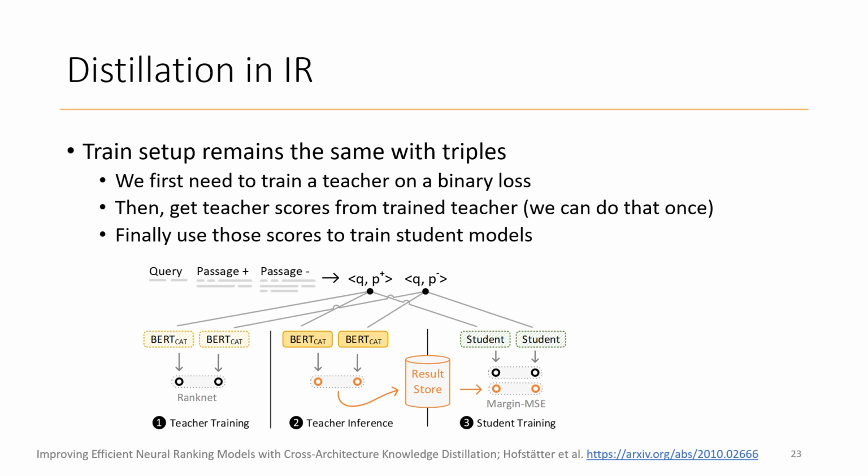Then we run this teacher inference and gather all the fine-grained exact scores for all training samples and store them. So now, because we stored them, we can reuse those scores without having to rerun inference again. And finally, we can use the results store to train the student models with specialized losses.